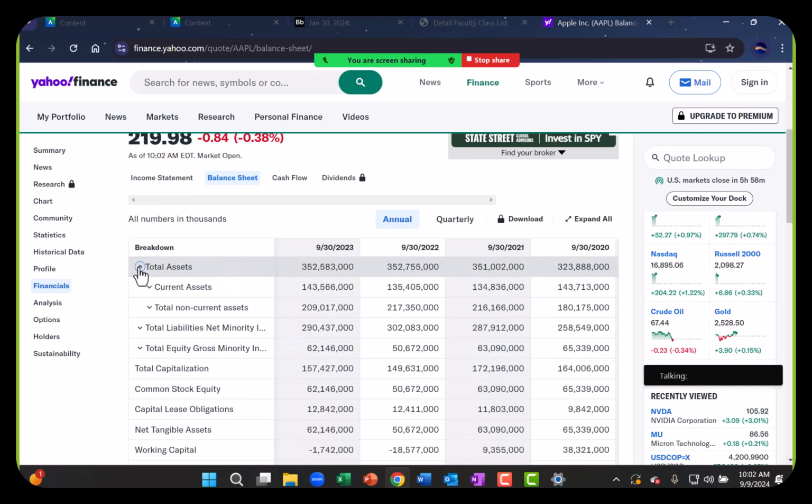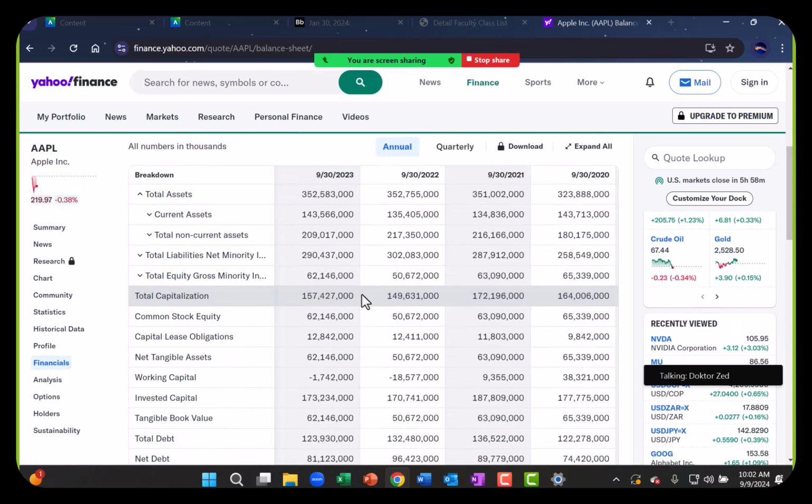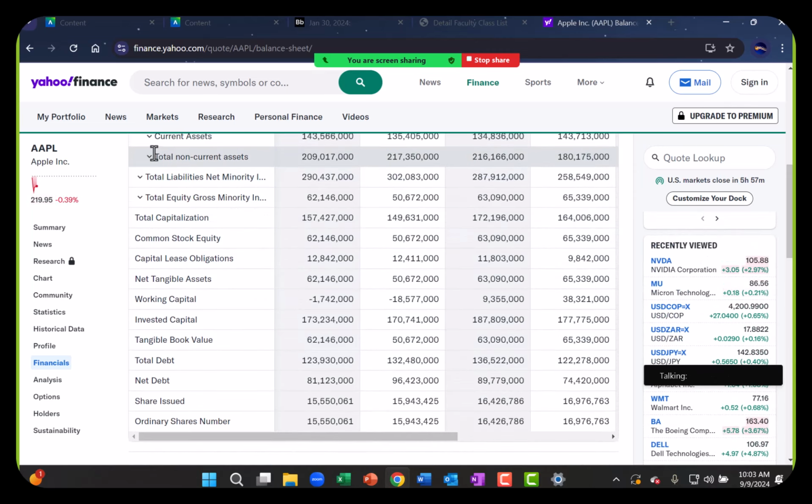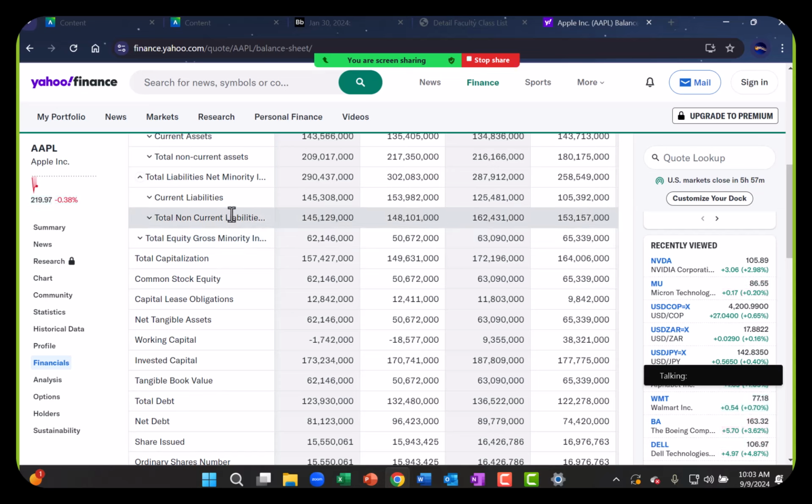Their current assets increased by about 8 billion. Their current liabilities decreased by about 8 billion. So change in net working capital is 16 billion.